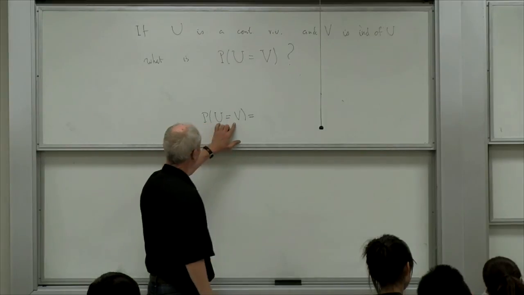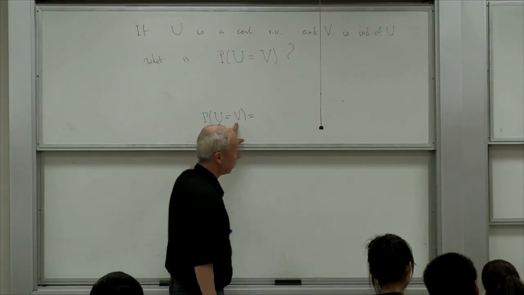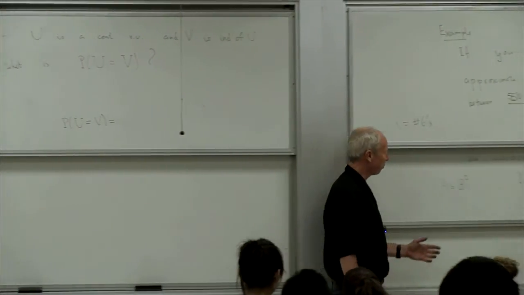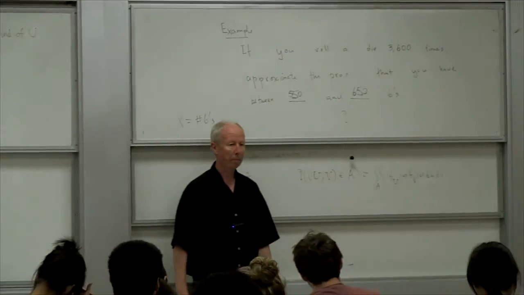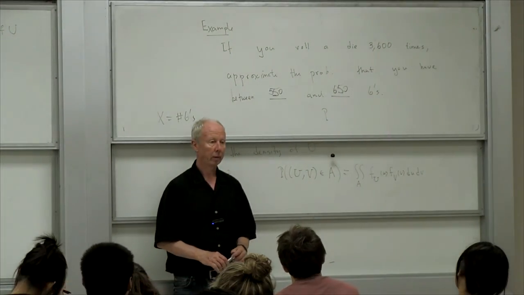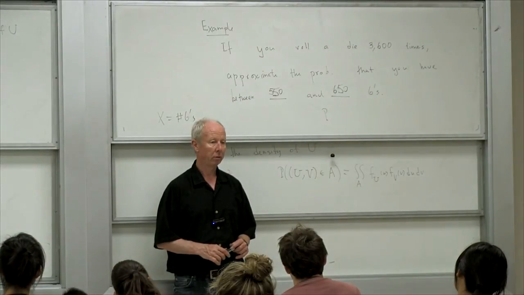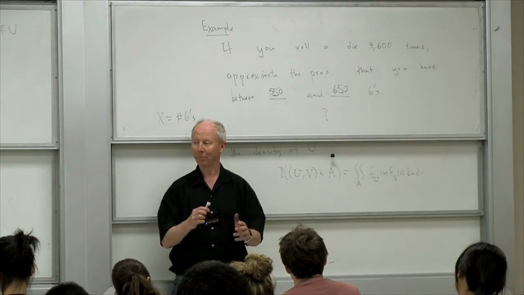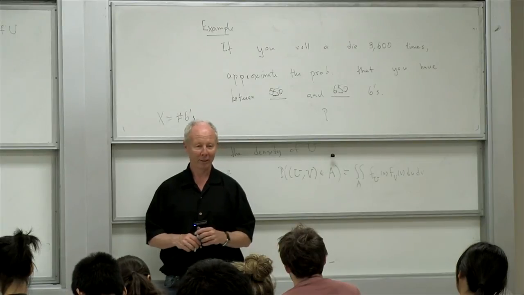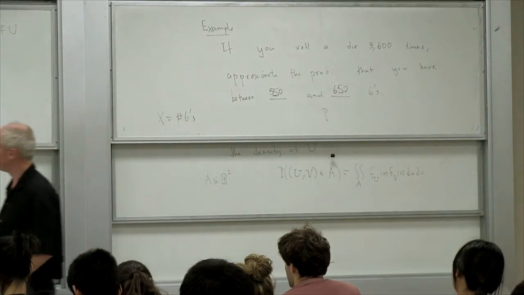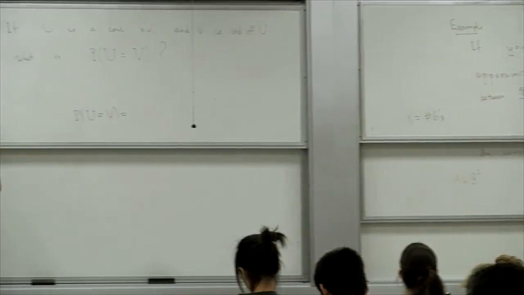So can we express U equal V as an event of the form the pair (U, V) is in a set A? What would that be? A line. It's the line u equal to v. It's this line.